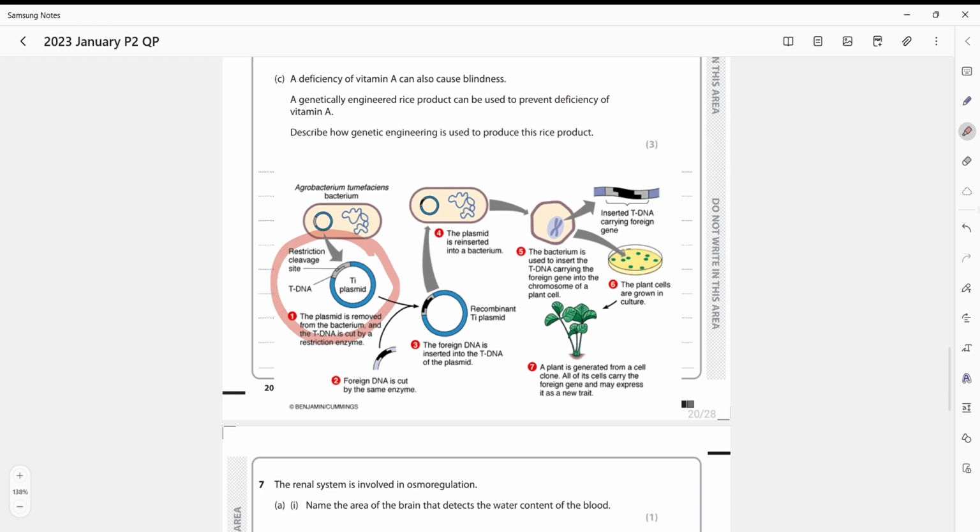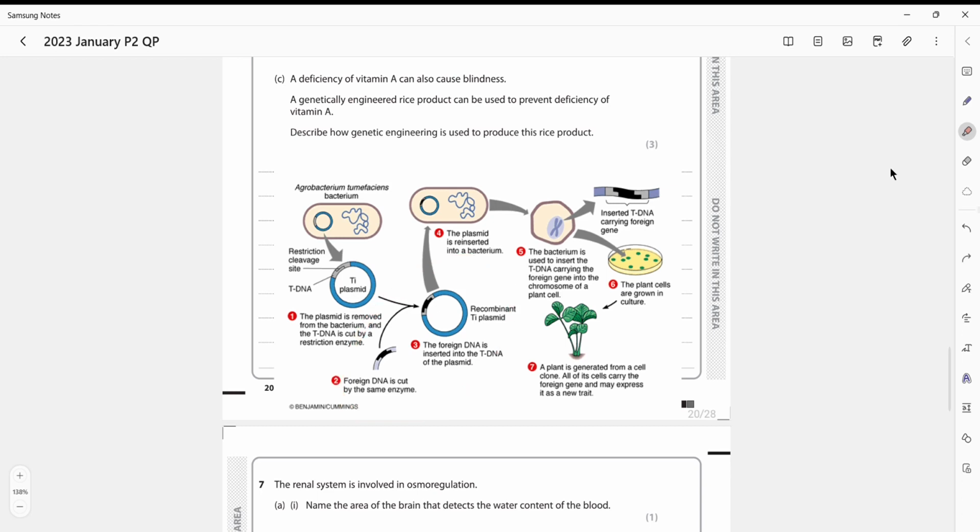So what we would do is we would cut both the plasmid and the gene for vitamin A with the same restriction enzyme. Restriction enzymes are enzymes that are able to locate a specific sequence and cut at that point.